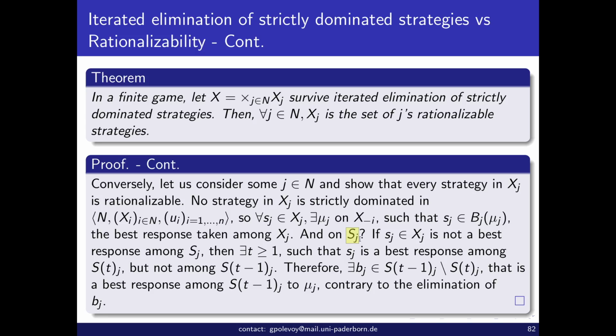So it was a best response among STj, but it's not a best response in the new set. Now, why did it stop being a best response? Because we know that it's a best response.